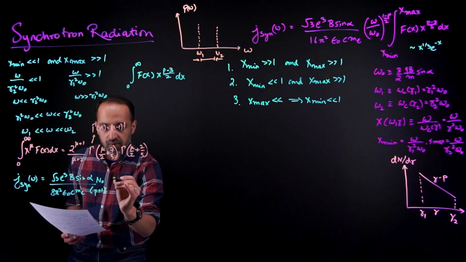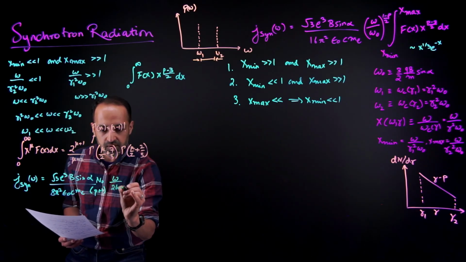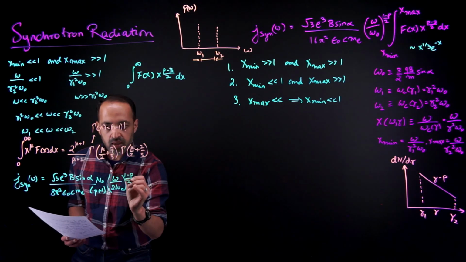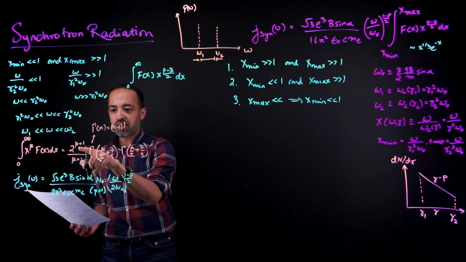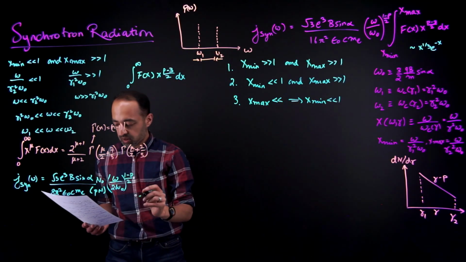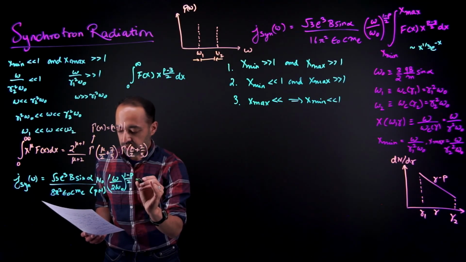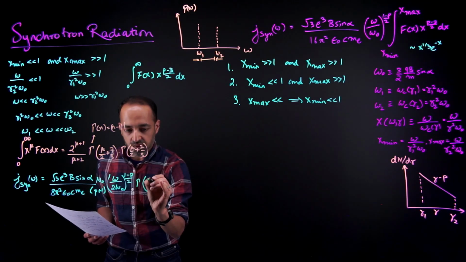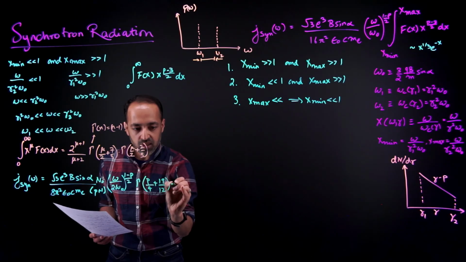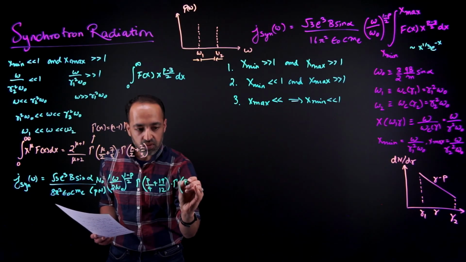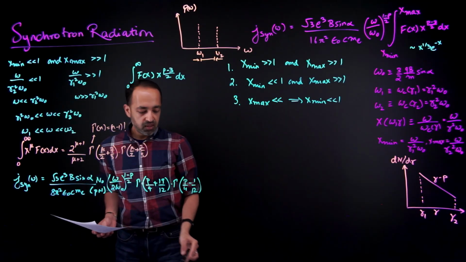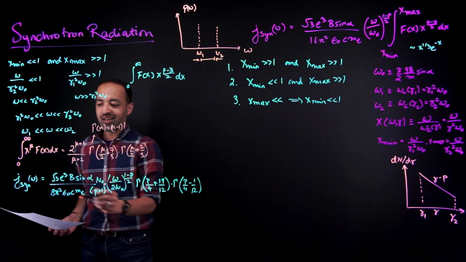And then we have an omega over 2 omega naught to the power of 1 minus p over 2. And this 2 comes about because we have this 2 to the mu plus 1, which I've absorbed into this omega over omega naught here. And then various gamma functions. So it's gamma of p over 4 plus 19 over 12 times gamma of p over 4 minus 1 over 12.